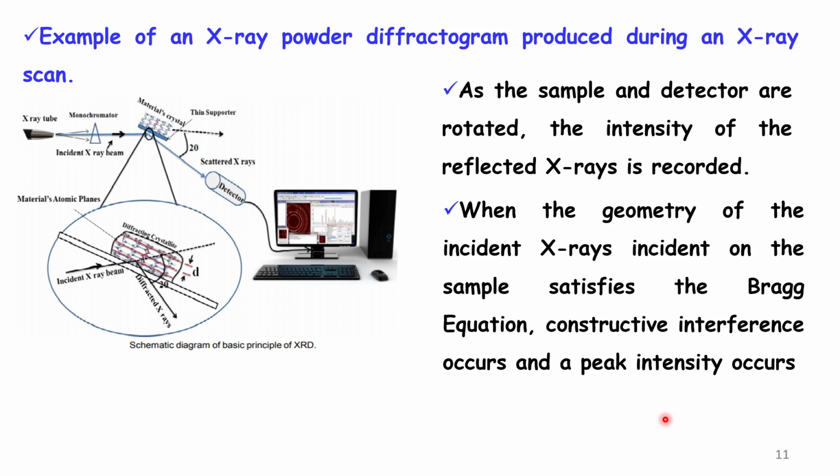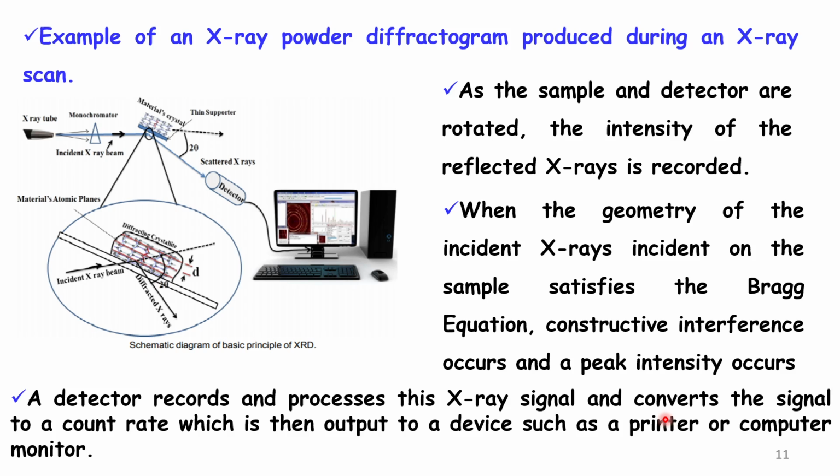That peak intensity can be recorded with the help of the detector and a suitable computer system. A detector records and processes these X-ray signals and converts them to a count rate, which is then output to devices such as a printer or computer monitor.